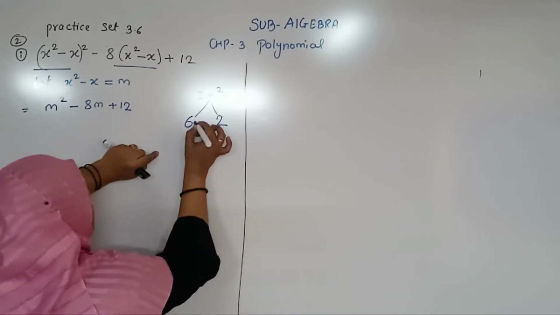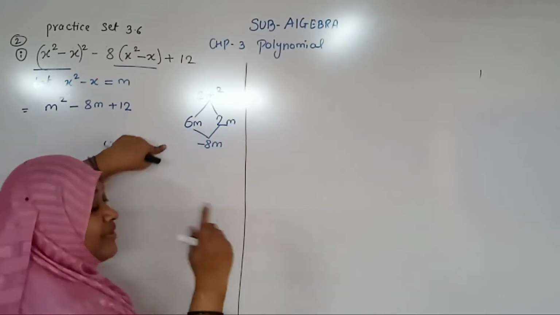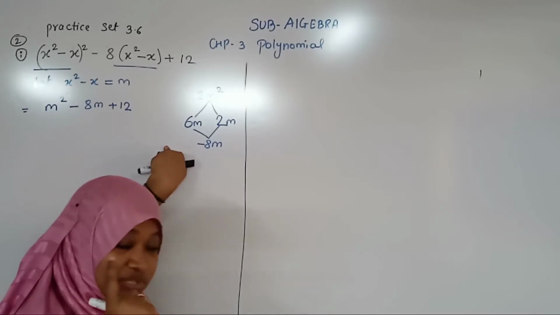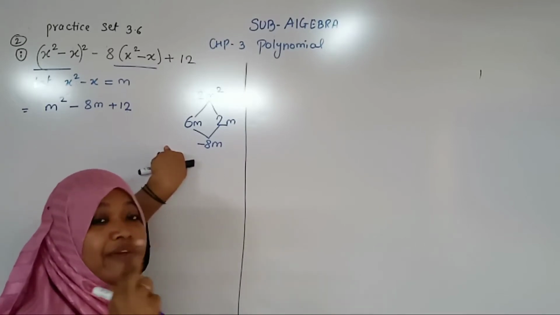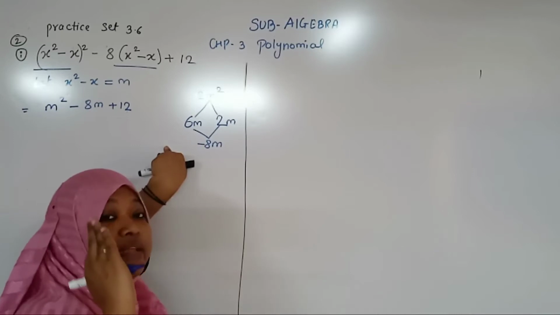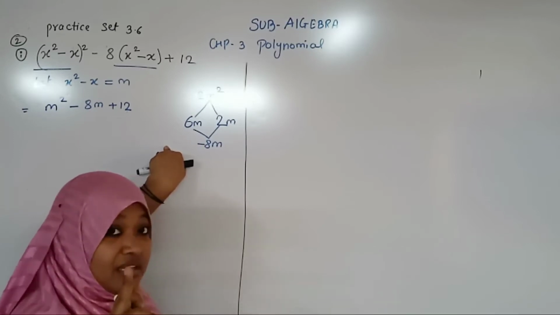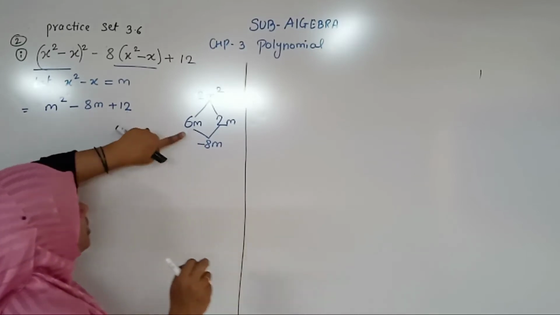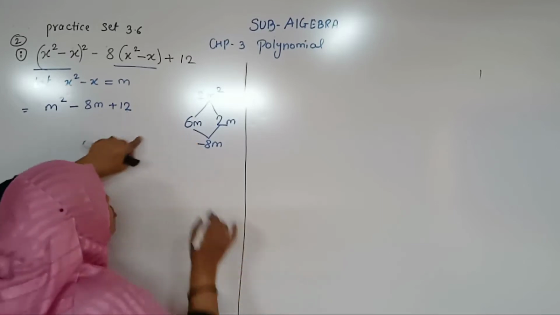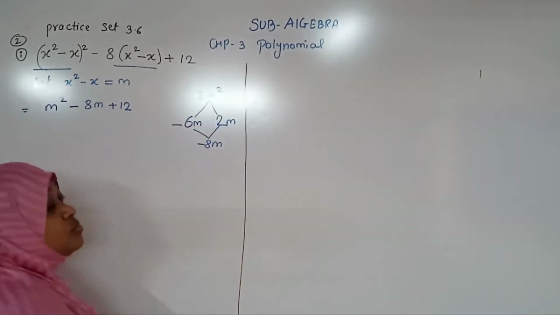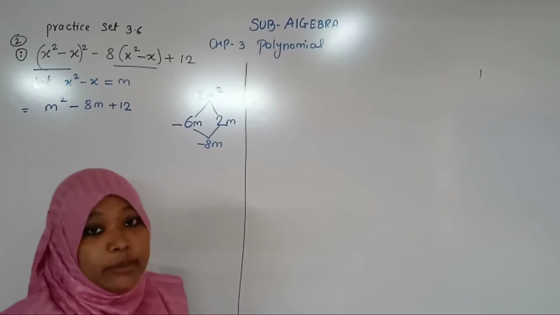Now second step, I have to put the variable. First time I have to select the number, second time I have to put the variable, and third time I have to put the sign. So which sign should I put here? I have middle sign minus. So I should put the minus sign first, to the bigger number.